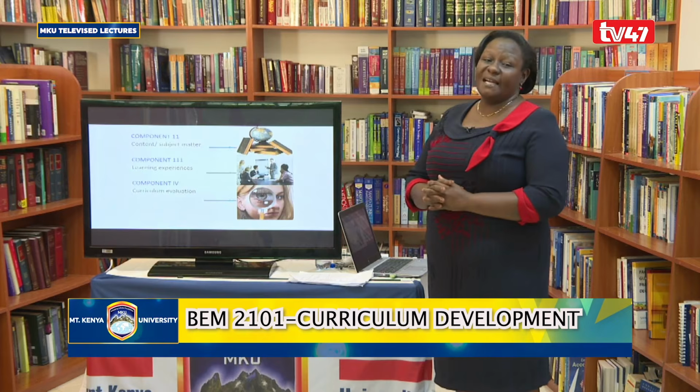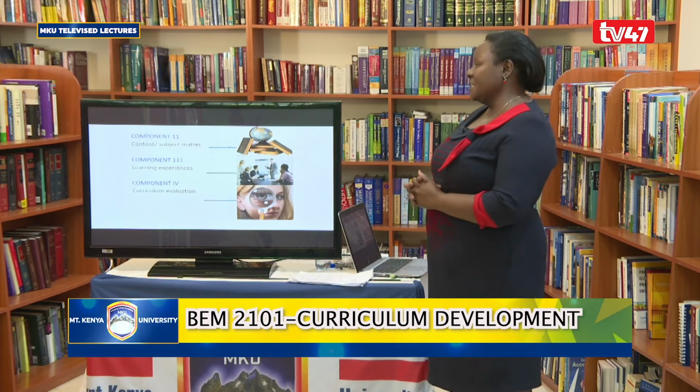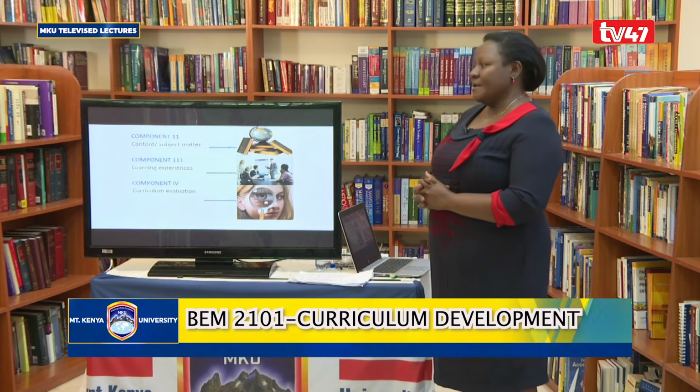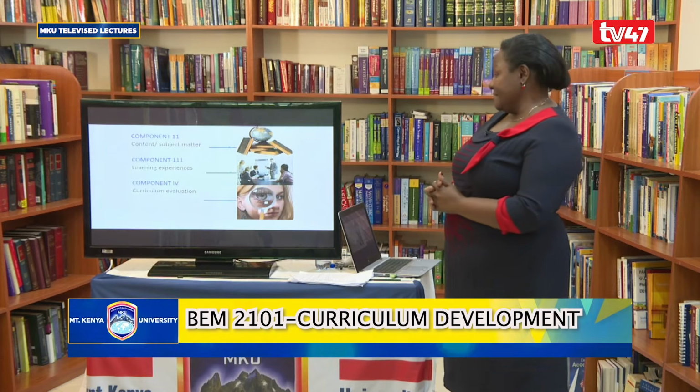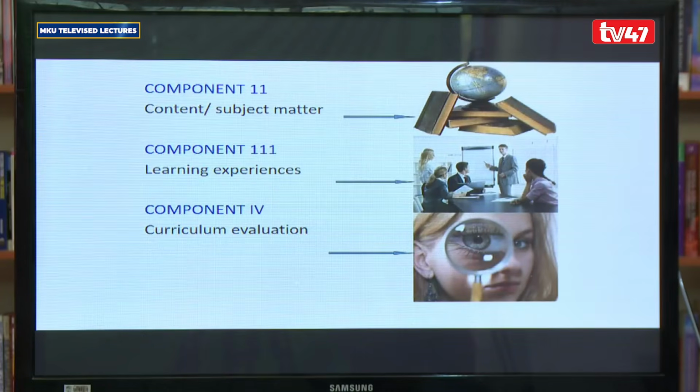That is what the learners are going to learn about in class. Then component 3, we have the learning experiences. In other words, what the learners are going to do in class. And in component 4, we have curriculum evaluation. We are going to look at the whole process and see whether we had faults so that we can identify what to improve and what to put more emphasis upon.